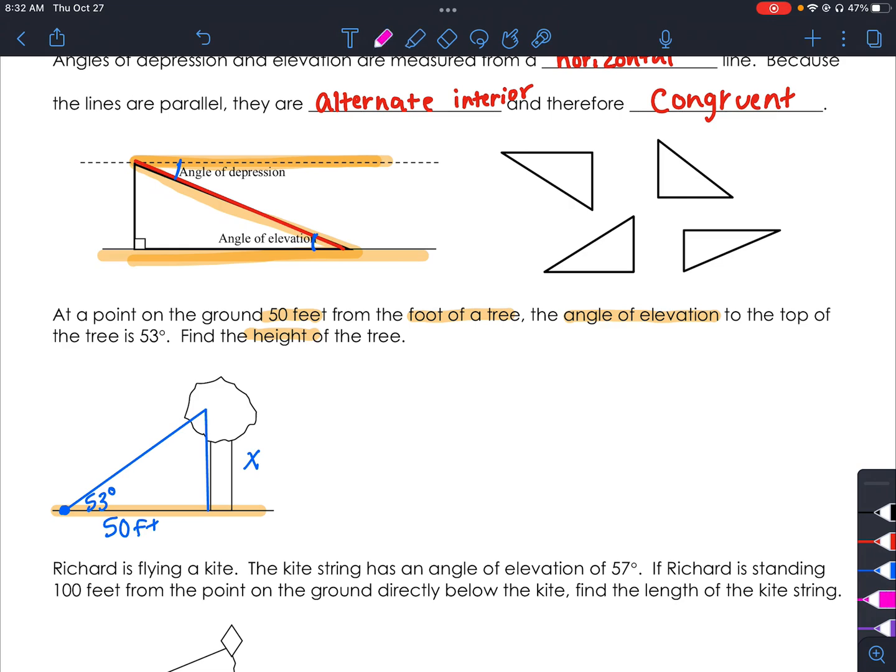So like usual, we have our angle, label our sides. That's opposite because it's across from 53 degrees, and then this is adjacent because it's next to the angle. So the trig ratio that would work with this is tangent. Tangent of angle 53 degrees is opposite over adjacent.